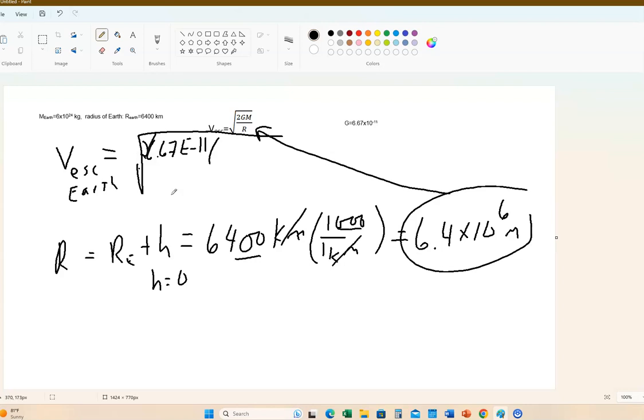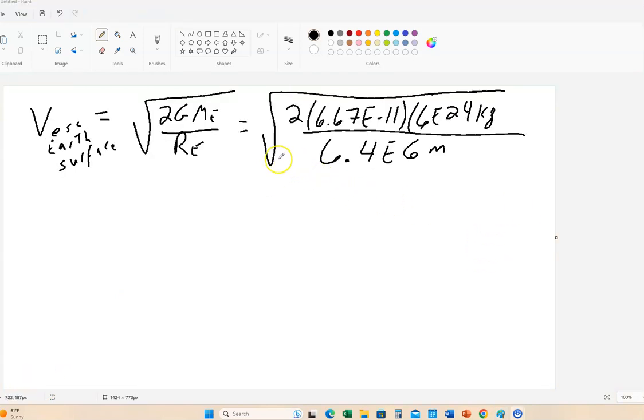Right, so 2 times that, and then times the mass of the Earth, which is 6 E 24. It's so much easier to just use the E rather than times 10 to the 24th, but that means the same thing. And then divided by 6.4 times 10 to the 6th. Anyhow, I'm going to redraw that so it looks a little bit better.